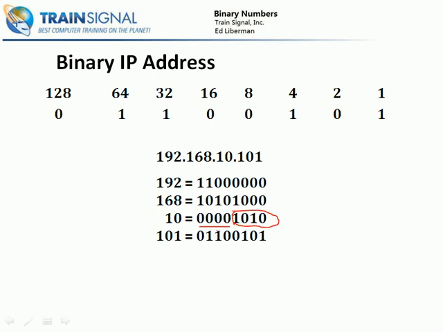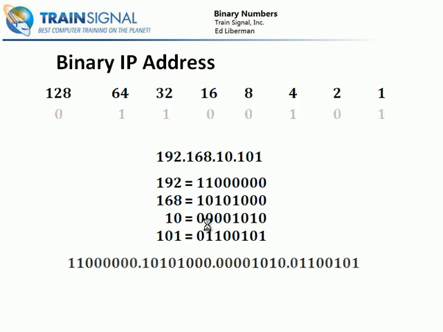Okay, we don't need the preceding zeros. But because we're talking about an IP address here, all 8 bits in the octet are significant. So you print out all 8 of them, including the preceding zeros. So the IP address of 192.168.10.101 in binary would be represented as, I'm not even going to say it, this big long string of numbers.